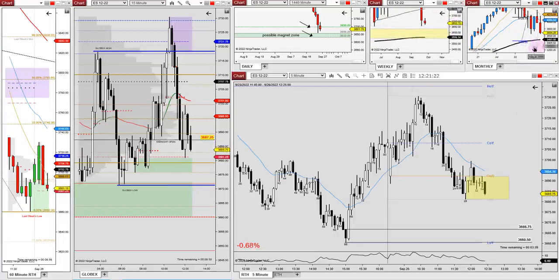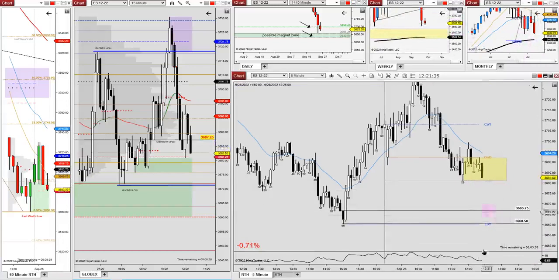And on the monthly, I do have a measured move target for bears and then a magnet all the way down here. So you see why I think the bears could break this bar 28 low and come down here. And this is why I just didn't want to buy. What happened there? Well, 2 bull bars, 1 doji.